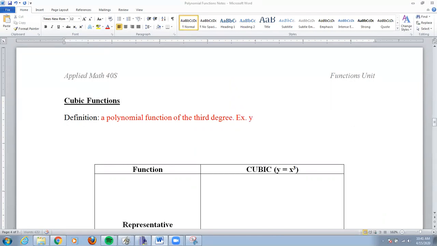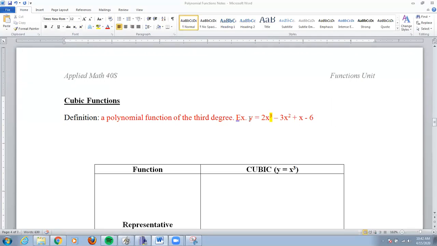Example, y equals 2x cubed minus 3x squared plus x minus 6. So that would be a cubic function because the degree 3 is the largest.